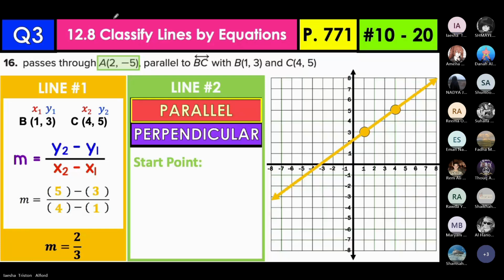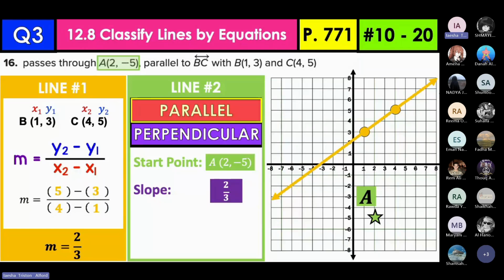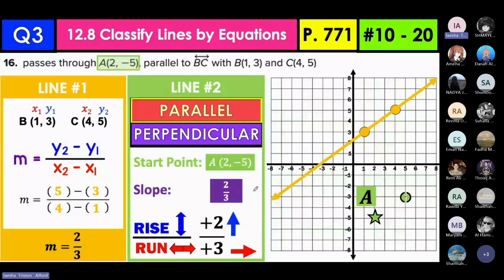This one, you have a different start point. The start point is the other one they give you, A. So we start at A, and we use the parallel slope. From A, you go up 2 and right 3. We did this one in class, for those of you that came to class that day.